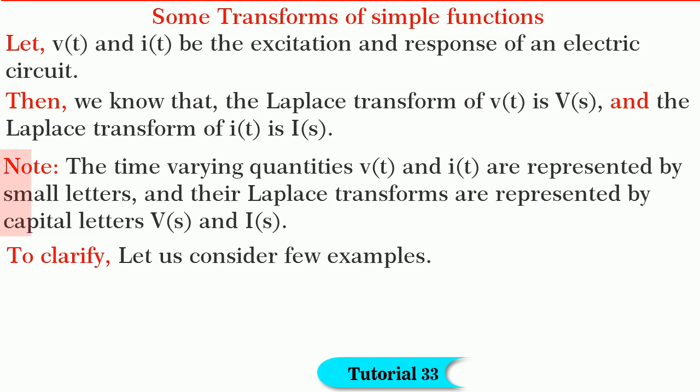Note, the time varying quantities V of t and I of t are represented by small letters, whereas their Laplace transforms are represented by capital letters, capital V of s and capital I of s.